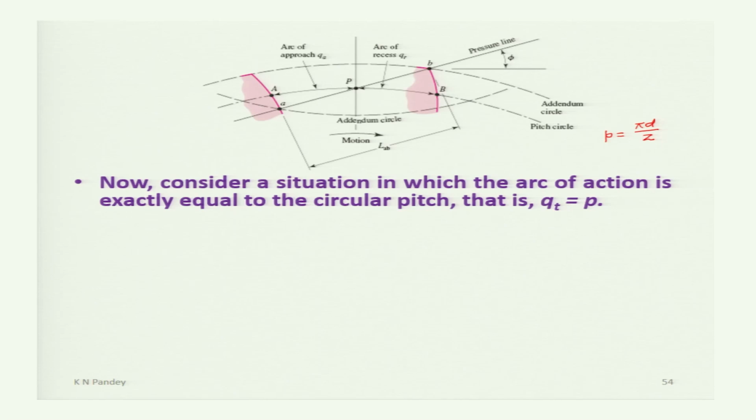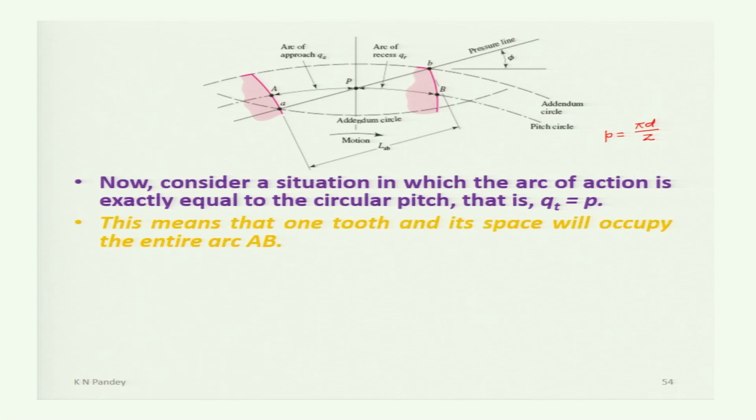So when this occurs, one tooth and its space will occupy the entire arc AB. This entire arc AB will be occupied by one tooth thickness and the tooth space of the other gear.